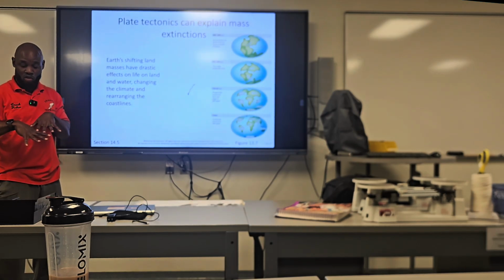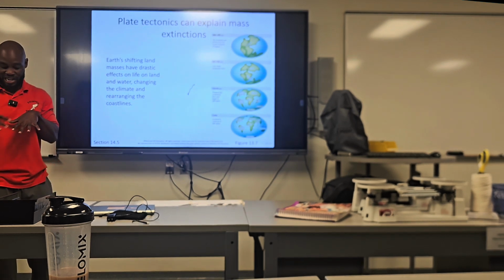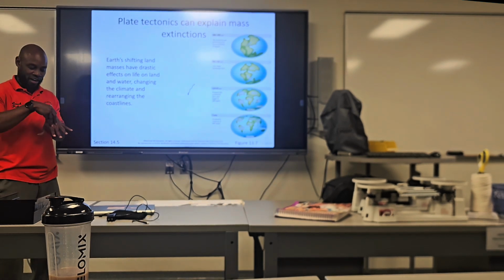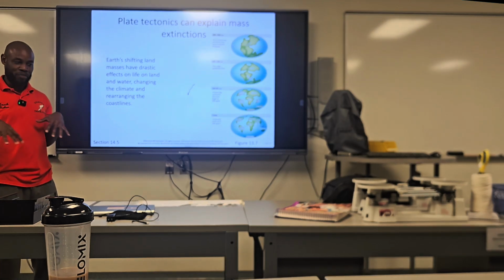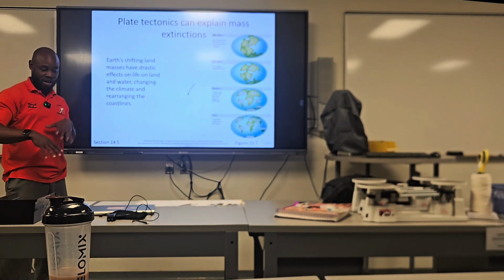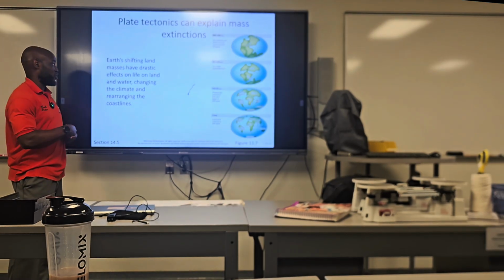But if over time it splits into multiple land masses, the tiger on this continent and the tiger on that continent no longer mate together, and they're in different environments, so there's potential for them to evolve into different species.